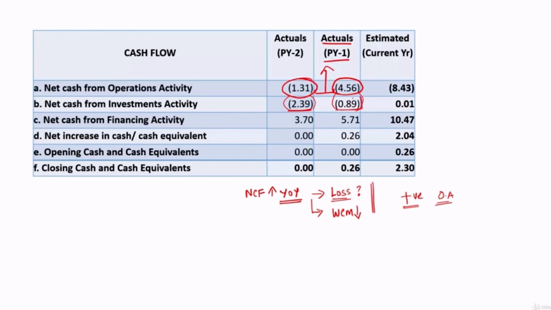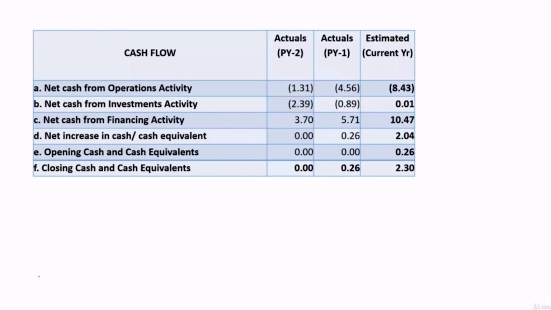And in this year also they are going for some additions. So this has to be seen, whether it is fixed asset addition or any additional investment in group concerns. What is the need for creating these additions, especially when they have negative cash flow year on year. So that should be studied and elaborated in the proposal. Then, they have negative cash flows in these two areas, and how did they get funds for all this?